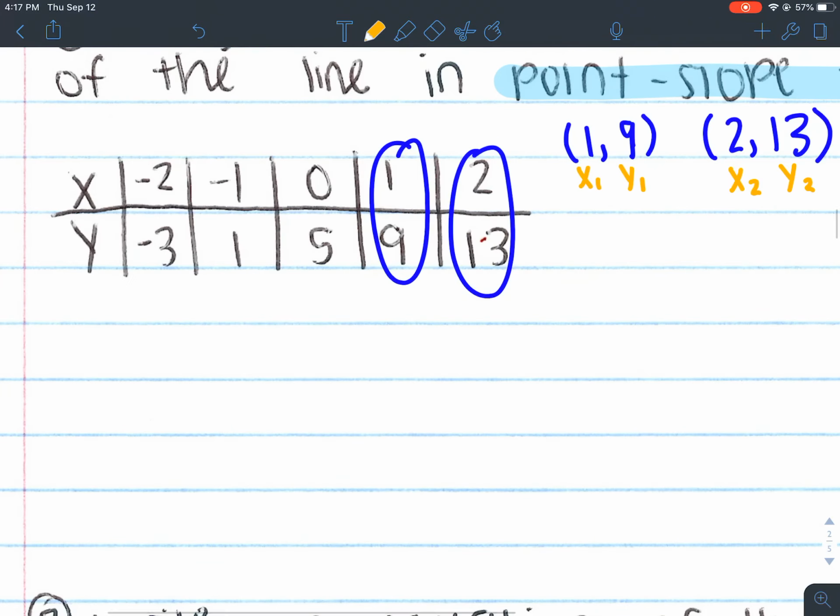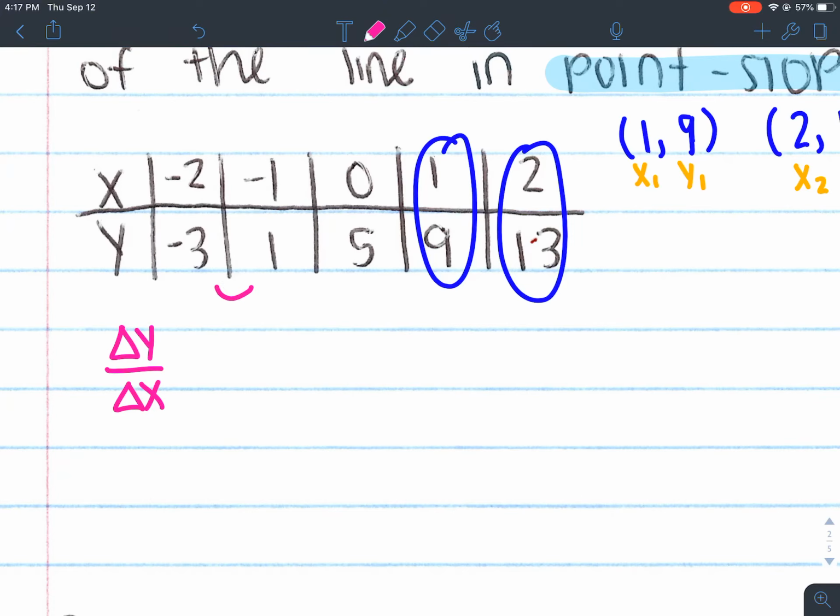And let's check. Let's use change of y over change of x real quick. Okay, well, change of y means I'm going to do my y values first. So how am I getting from number to number? I am adding 4 to go from number to number, right? 1 plus 4 is 5, 5 plus 4 is 9, 9 plus 4 is 13.